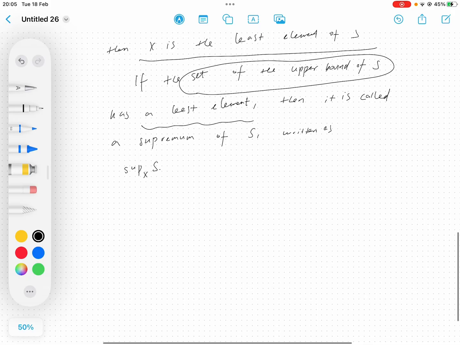Basically it means that for any point y in S, we're going to have this boundary relation between the supremum and y.